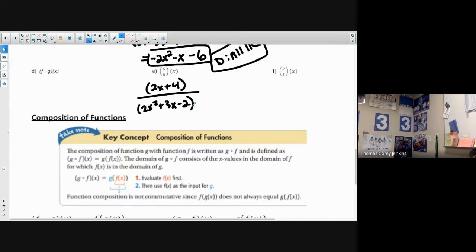Okay, and if we don't know the factored form, then we are not going to see that this reduces. So let's also factor this one to 2 times the quantity x plus 2. And then from earlier in the video, when I factored this out, we got x plus 2 times 2x minus 1.